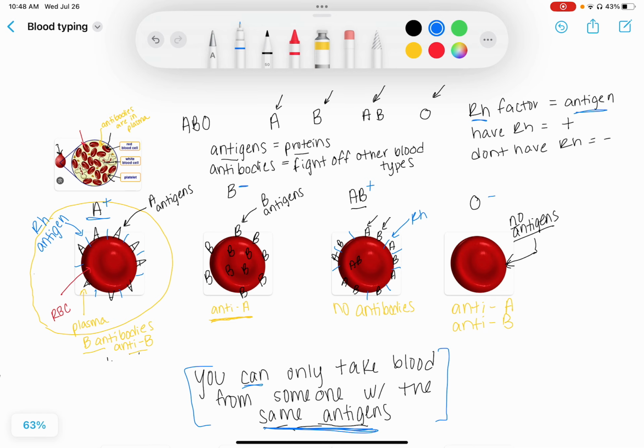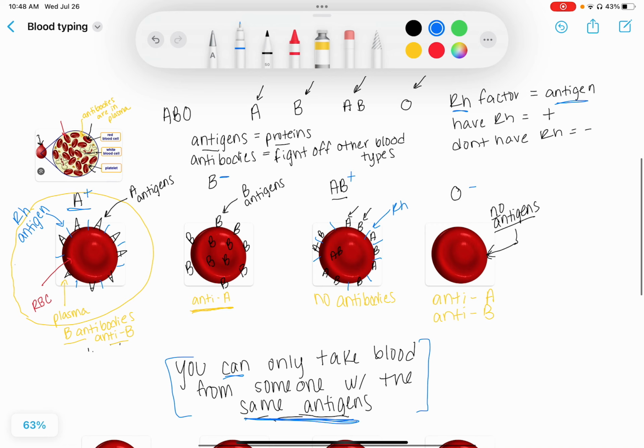But in general, just recognize that since this A positive has the Rh antigen, they can take a positive or negative blood type. So if we look at B negative, this blood type does not have the Rh antigen. And remember, you can only take blood from someone with the same antigens. So, since the B blood doesn't have the Rh antigen, it cannot take the Rh antigen, meaning this person is going to have another antibody, and they are going to be anti-Rh.